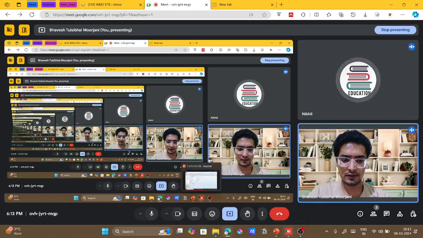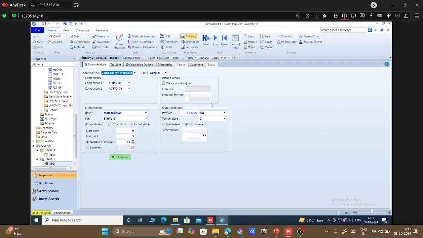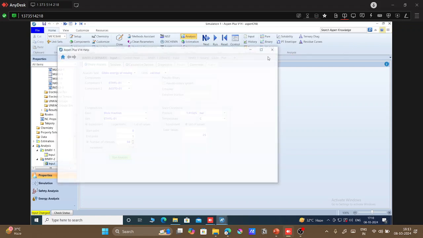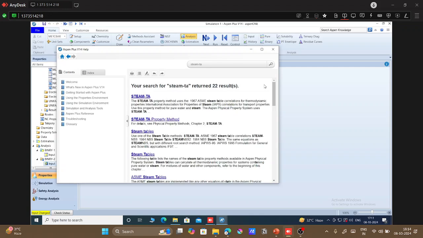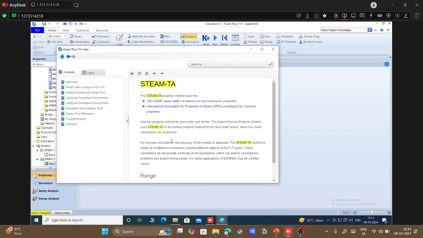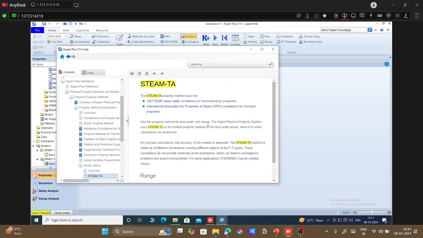So go to simulate property. Yeah, we are here only. So what method are you saying? Steam TA, right? Use this property method for pure water and steam.